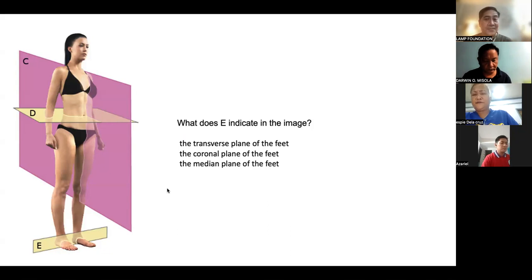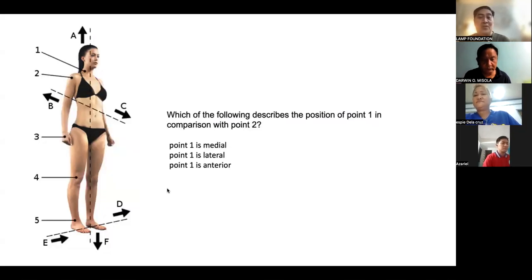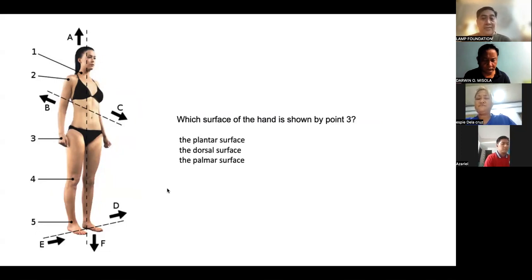The coronal plane of the feet. What is the anatomical name for the sole of the feet? The plantar surface. Which of the following describes the position of point 1 in comparison with point 2? Point 1 is medial. Compared to point 2, point 2 is proximal. Which surface of the hand is shown by point 3? Dorsal surface.